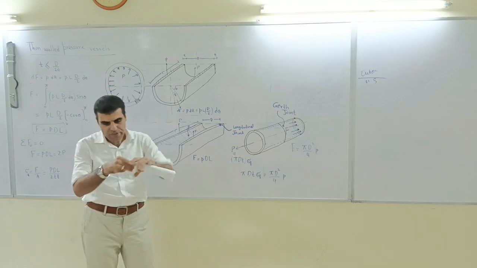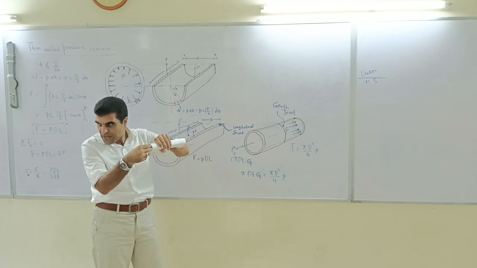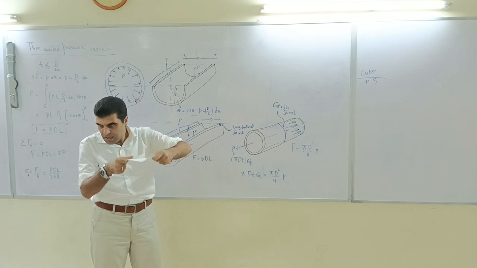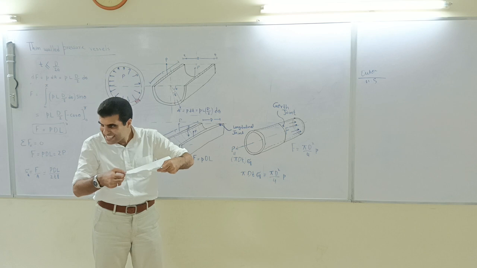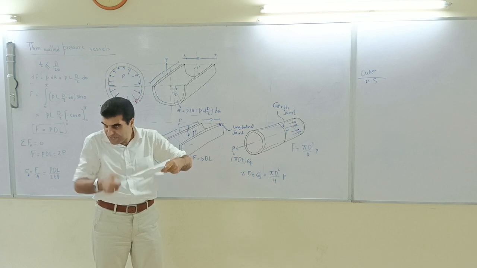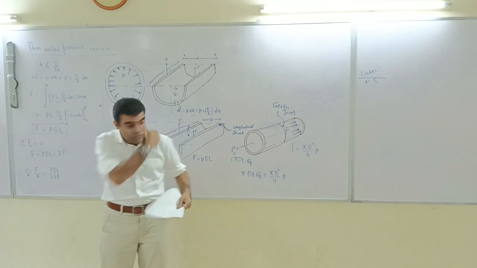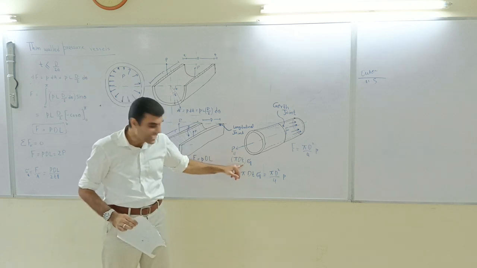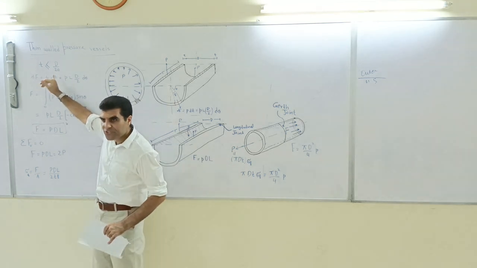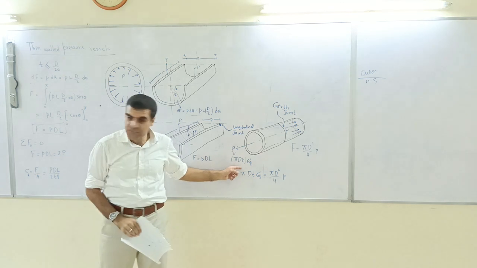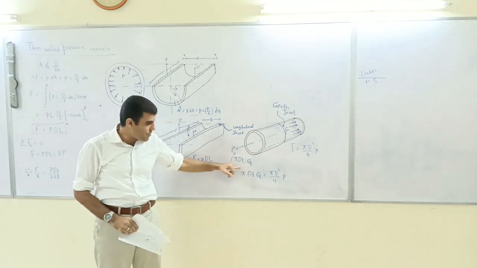What we are saying is that if we open this circle up, it will become 2 pi r or pi d, times thickness. So that is actually the area. Please remember that you can use this equation pi dt only in the case of a thin wall structure. This formula is not applicable for a thick wall structure. So that is an important thing to know.